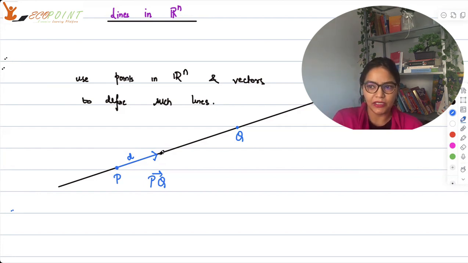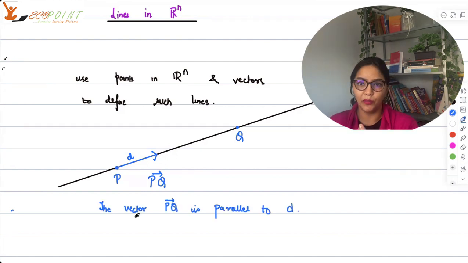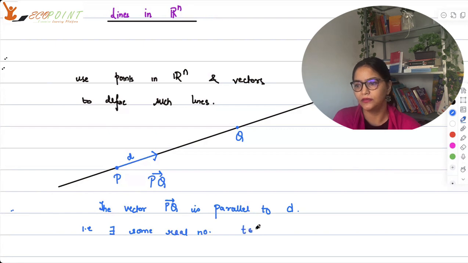You can say that PQ is in some way parallel to D. If we observe the vector PQ, we can say the vector PQ is parallel to D. What that actually means, in other words, is that there exists some real number, say T, such that the vector PQ is equal to T times D.